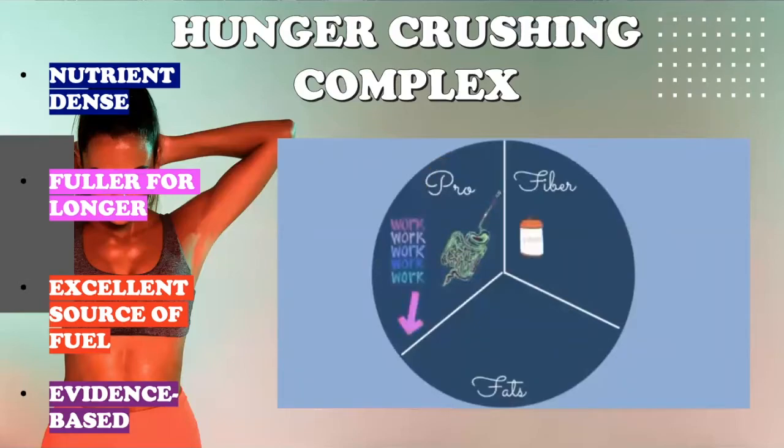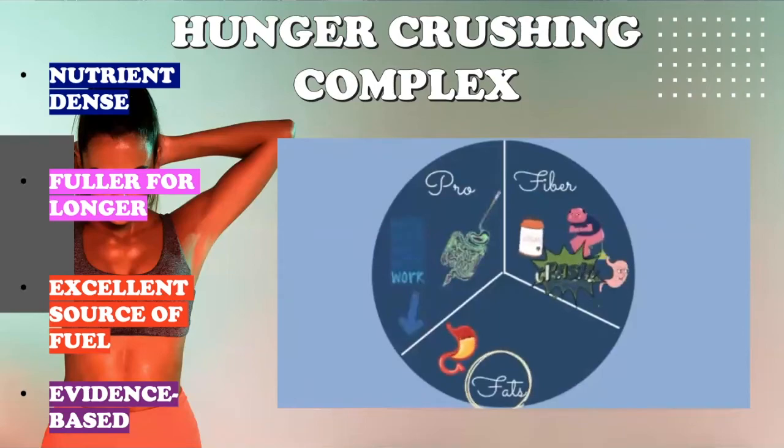Fiber helps to reduce the glycemic index of carbohydrate-containing foods, as well as slowing down the transit time, delaying stomach emptying, slowing blood sugar crashes, and stays in the stomach longer. Fats are the strongest inhibitor of gastric emptying, so it means it stays longer in the stomach. All in all, you're fuller for longer.